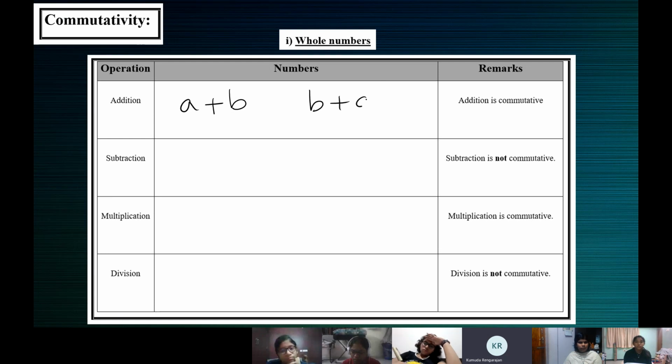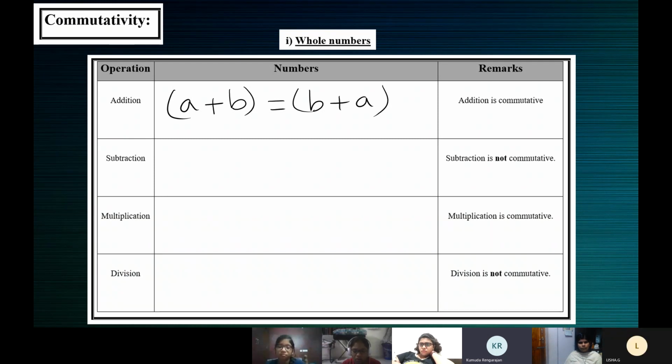Then you find B plus A. You will get the same answer. A plus B is equal to B plus A. If A and B are two whole numbers, then A plus B will be equal to B plus A. When you add two whole numbers in any order, the sum will be the same. So whole numbers are commutative under addition.